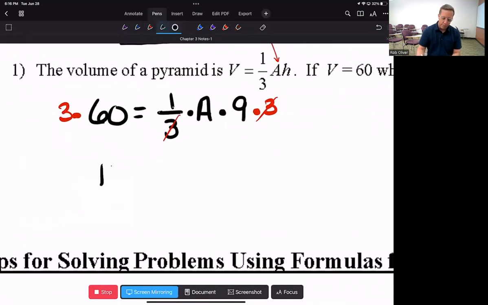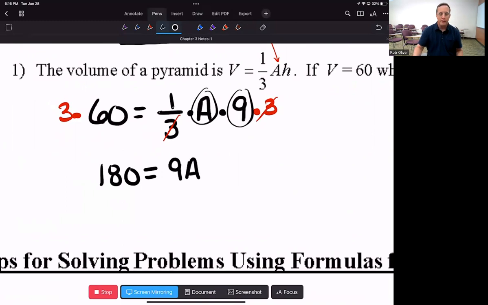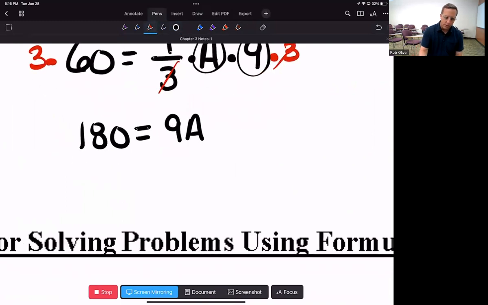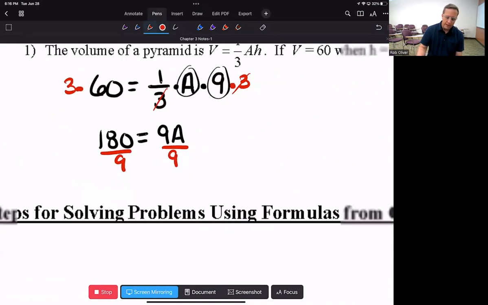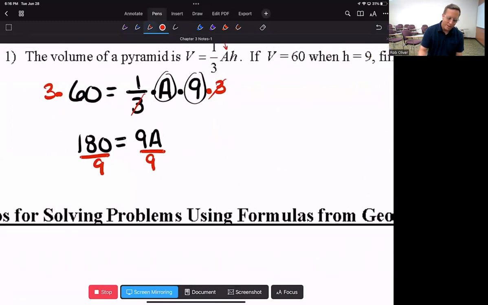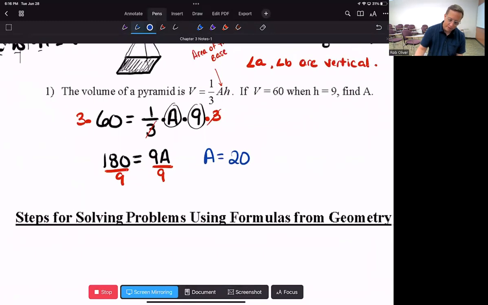So now we have a new problem, essentially. 180 equals, and now we have an A and we have a 9, but I'm just going to write 9A instead of A times 9. And now just divide both sides by 9. And 180 divided by 9 is 20. So that's the area of the base. So the area of the base is 20 square units.